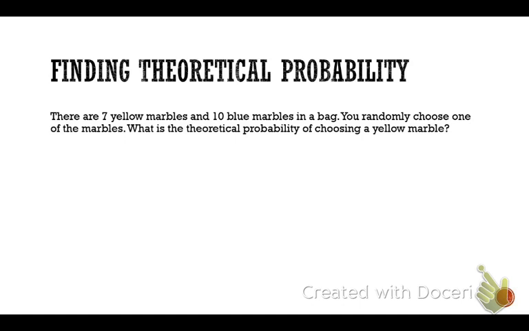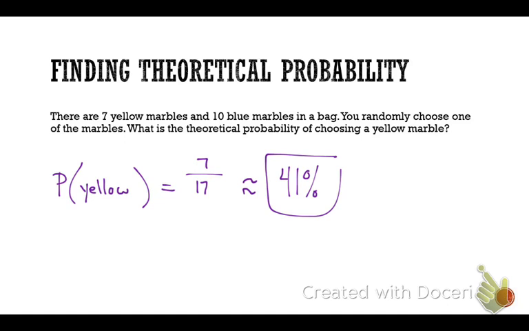Probability of yellow. Okay, is 7 out of what? Wait, where'd you get 17? You add the two together. Okay. Yes, you add them together. All right. Anybody get 41%? I got 41. Okay. All right. 41%.